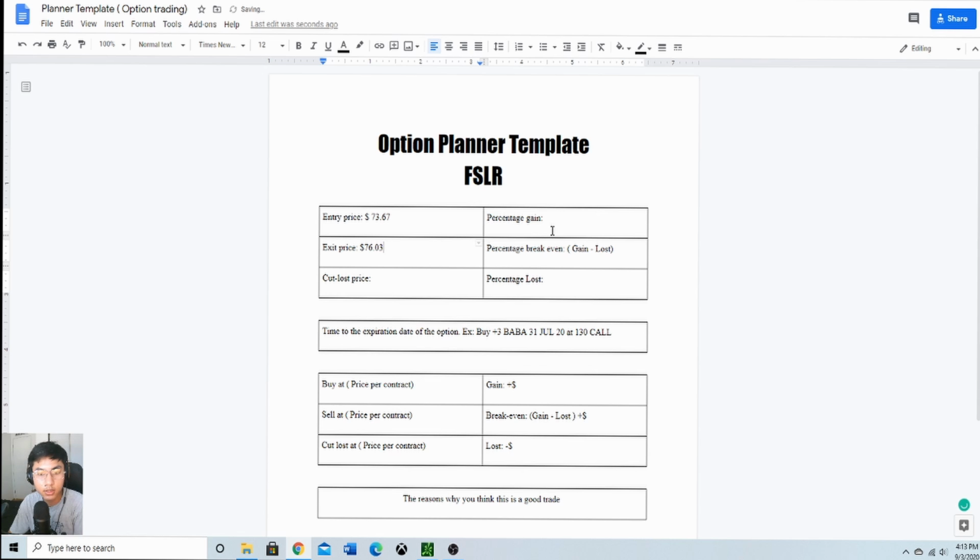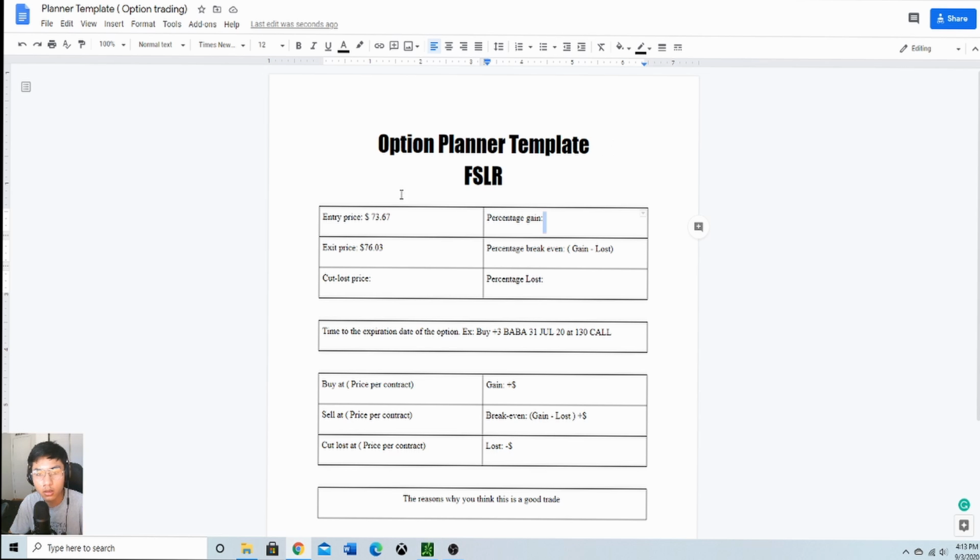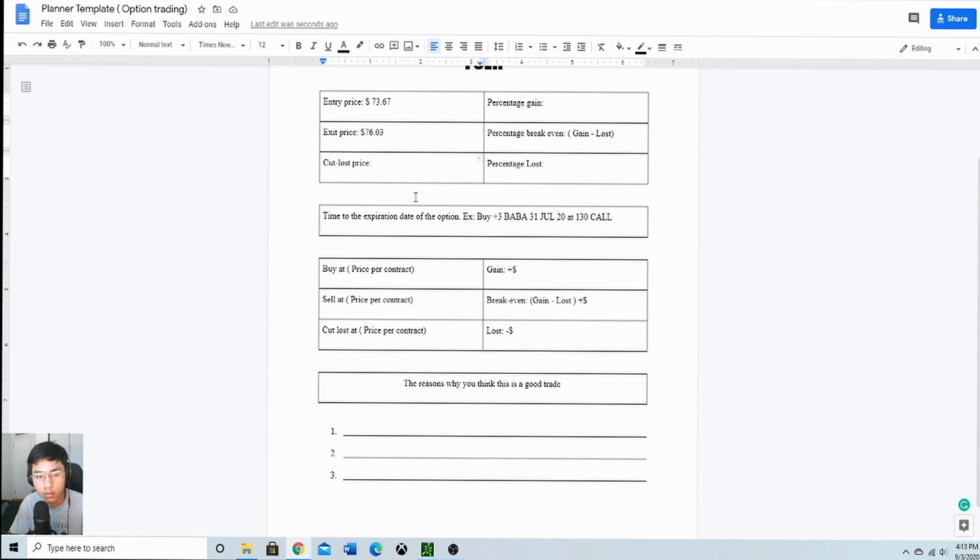And the percent gain is around 3%, 3.12%. The potential loss is 1%, something like that, and just put it there. And then the breakeven, where you subtract the loss from the gains and see how much you'll gain. It gives you perspective, and that's the point of the plan. It also gives you clarity.